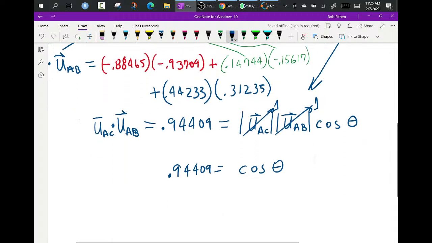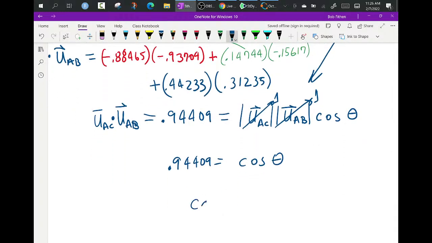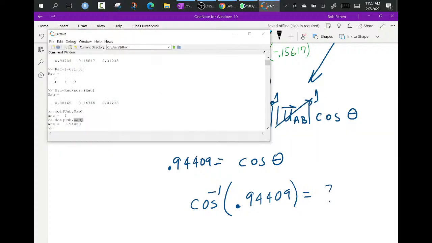So from that, I can go into MATLAB, not CAS, COS, inverse of 0.94409 equal to, now, I wonder if I can just do arc cosine. I want the answer in degrees.